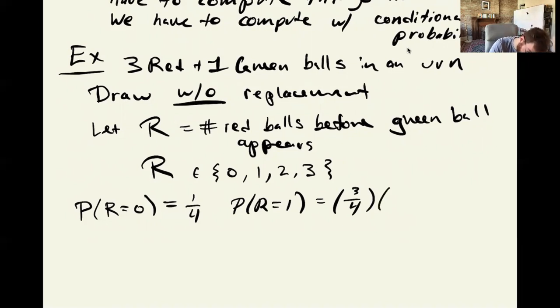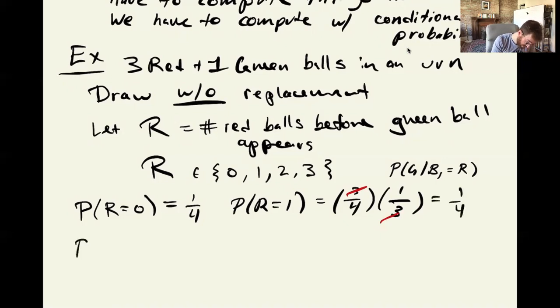So you want to think of this as the probability of green given that our first ball, let's say B1, was red. Well, I need to subtract from the space of possibilities, right? There's only 3 balls left and only 1 of them is green, but when you do the calculation, we end up getting that this is 1/4. All right, what's the probability that R equals 2?